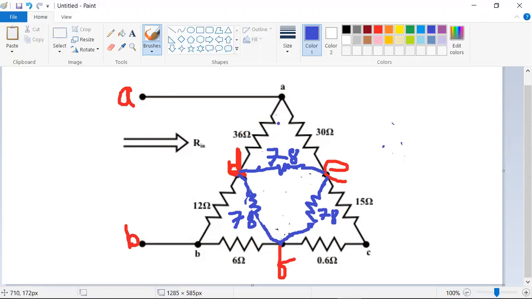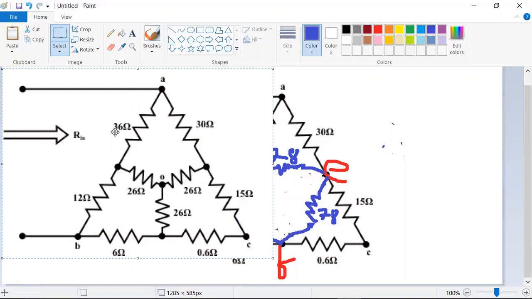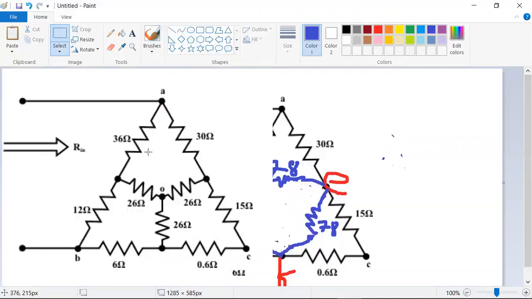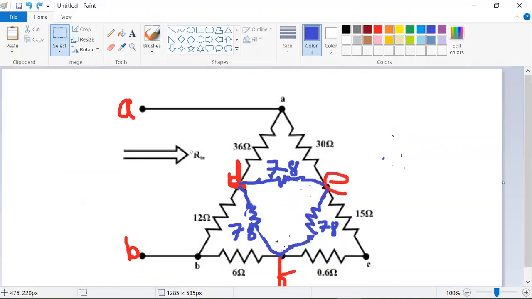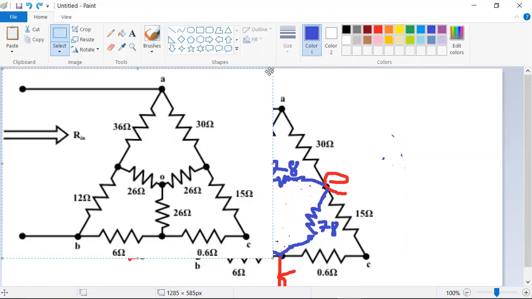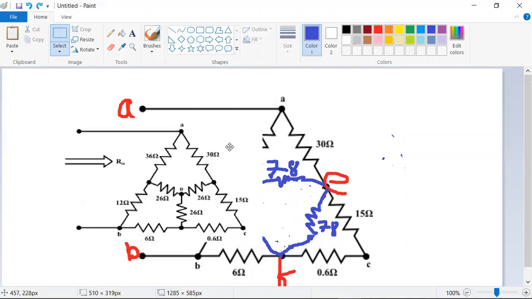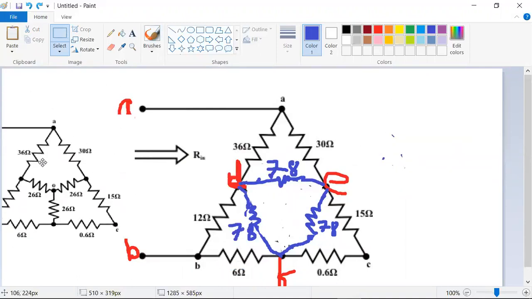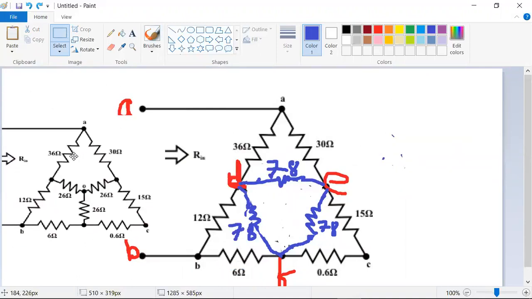Right. After converting the middle star into the delta, let me compare our circuit with this circuit. This is the circuit already given in the problem itself. We just converted this middle part into the delta.